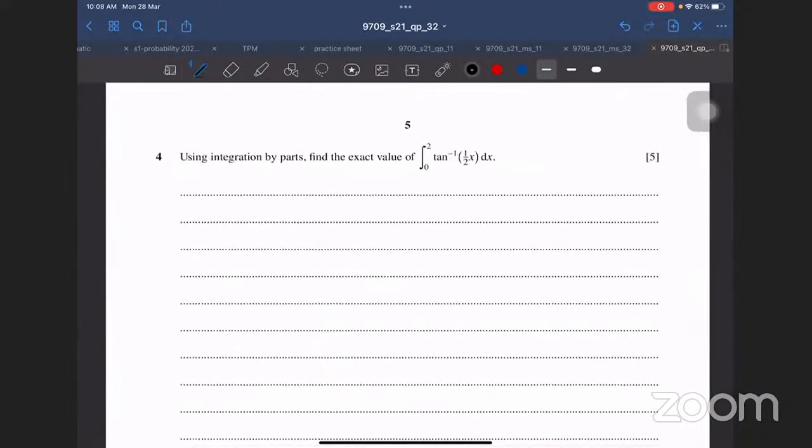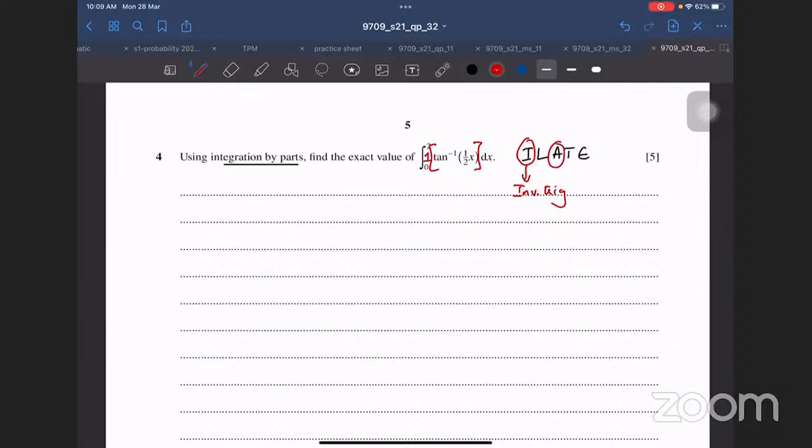Now, this next question is about integration by parts. The question is telling you it is integration by parts. When you're doing integration by parts, you use an acronym called ILATE. Now, I represents the inverse trigonometric. So I have an inverse trigonometric, and I don't see anything else, which means that there's an algebraic, and that's called 1.